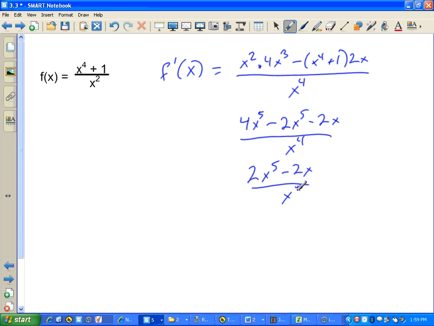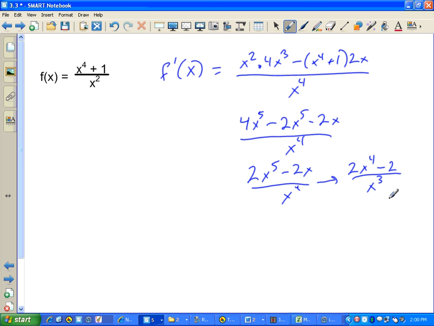One of these x's will cancel from everything. So I'm going to have 2x to the 4th minus 2 over x cubed. Actually, let's leave it just like this. So this is my first derivative simplified.